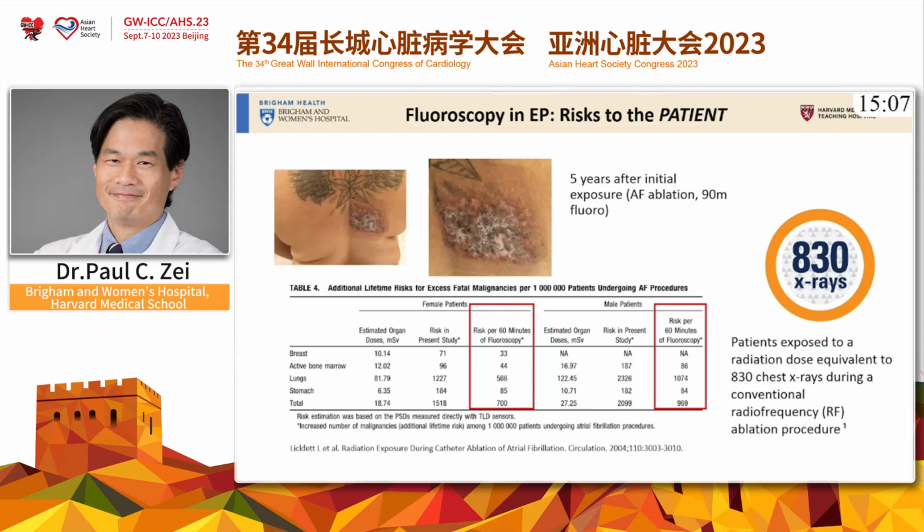this is data that estimates the risk of malignancy in a patient exposed to AF ablation, modeled per every 60 minutes of fluoroscopy exposure. The increased risk of associated malignancies, in both males and females, is significant.